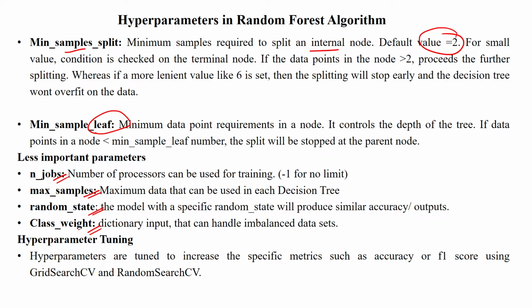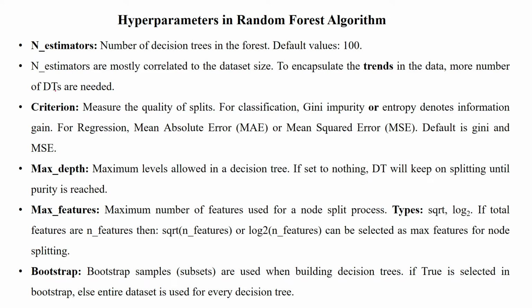These hyperparameters can be tuned by using grid search CV and random search CV, which we have already discussed in the decision tree concept. And we can also set the number of estimators, 10, 20, like that. The default value is 100, so you can mention 10, 5, like that, for practice purposes.